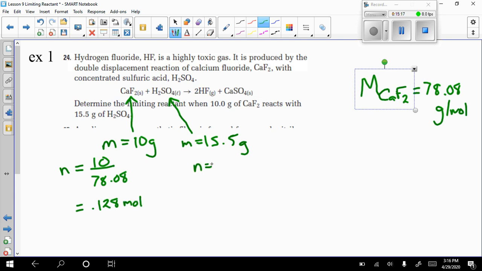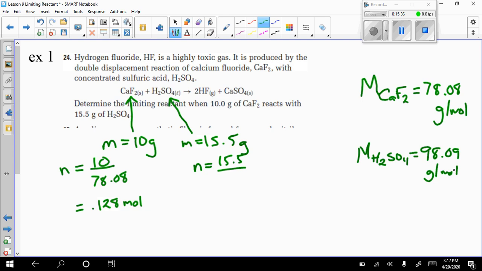Here, the number of moles of my sulfuric acid is 15.5 divided by, and again, you would go to your periodic table and calculate your molar mass of H2SO4. I calculated it already and got 98.09 grams per mole. So 15.5 divided by 98.09, and I get 0.158 moles.